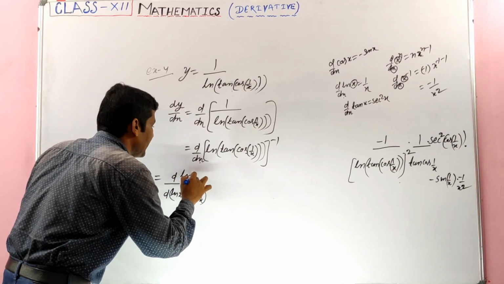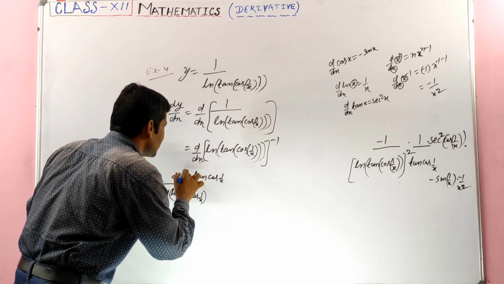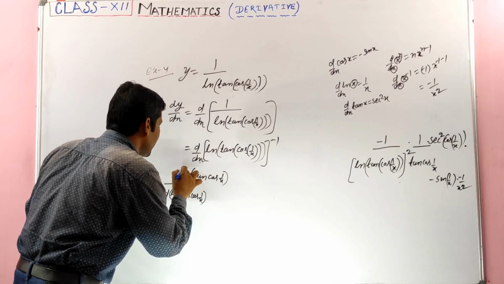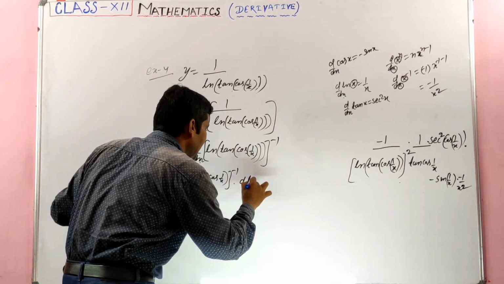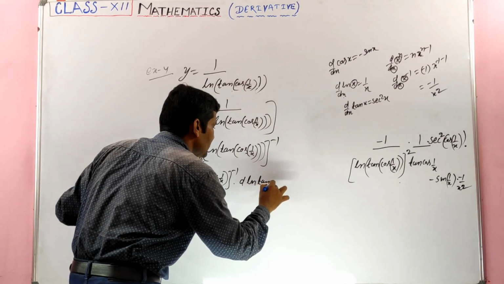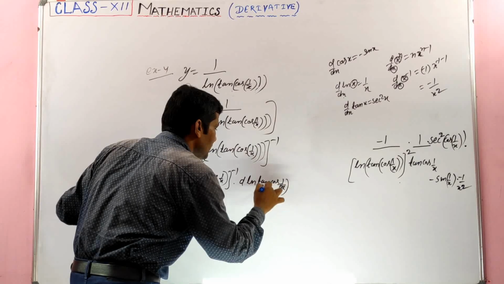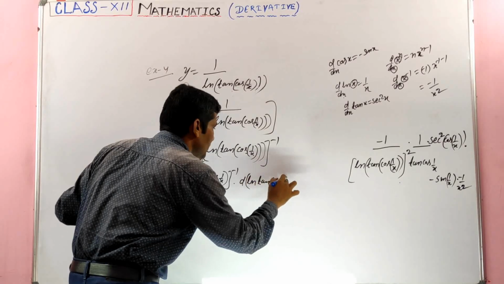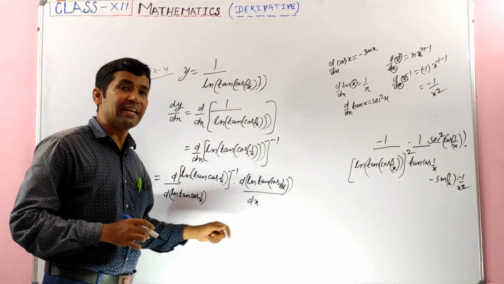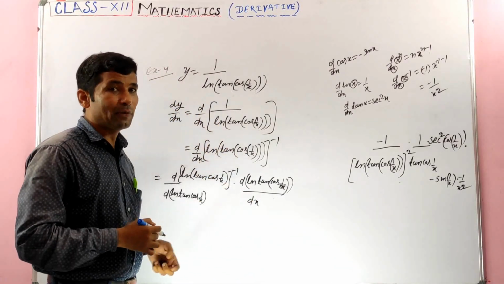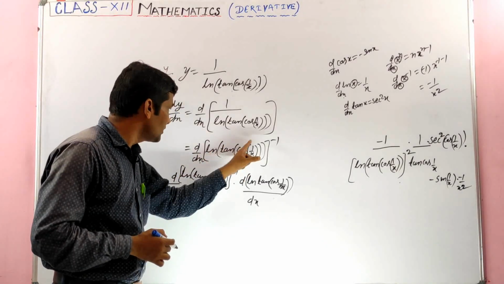Whatever is given, ln tan cos 1 by x whole power minus 1 into d ln tan cos 1 by x whole by dx. I have written dx directly, but in the previous example I told you, see the inside first ln, then inside tan, then inside cos.